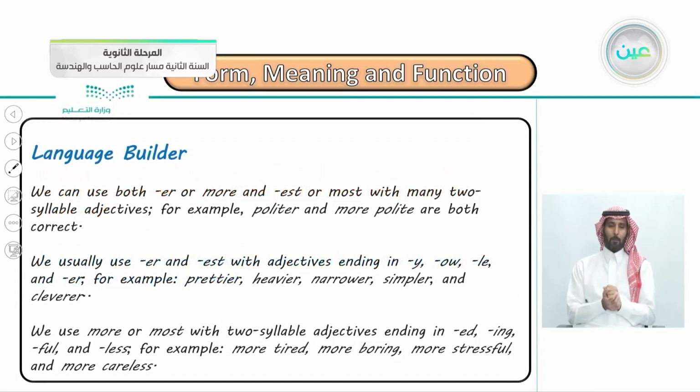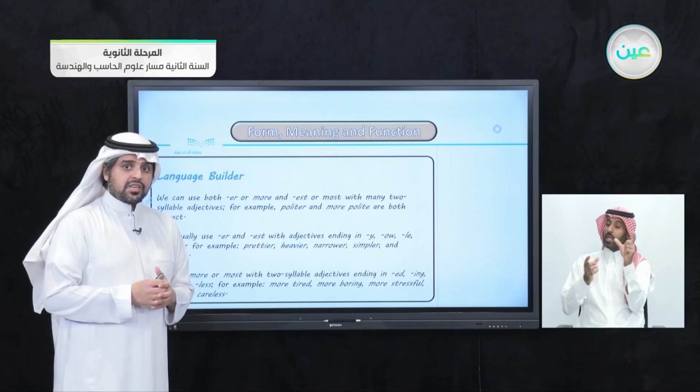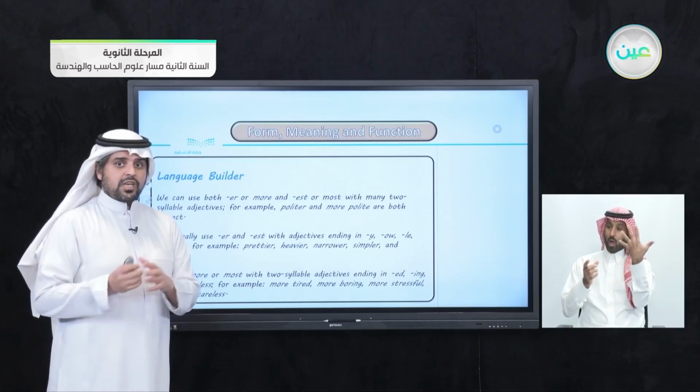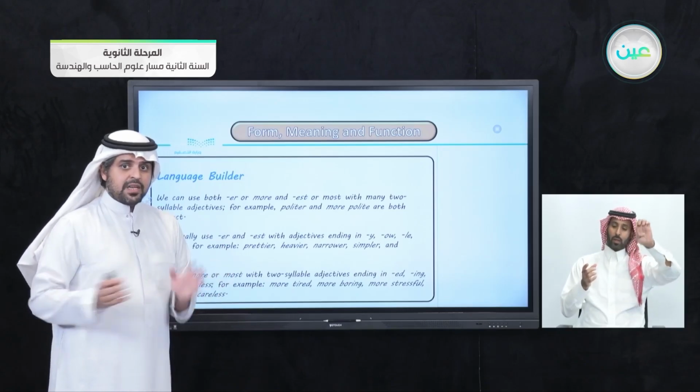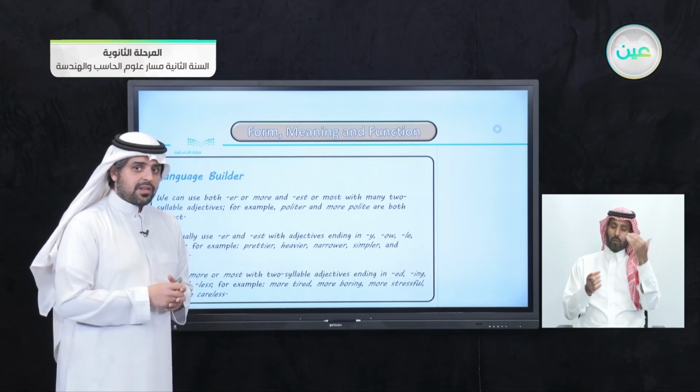Here's a language builder for you. We can use both er or more and est or most with many 2-syllable adjectives. So now we're talking about the 2 syllables. We were talking about 1 syllable and 3 syllables. Now we're talking about the 2-syllable adjectives.